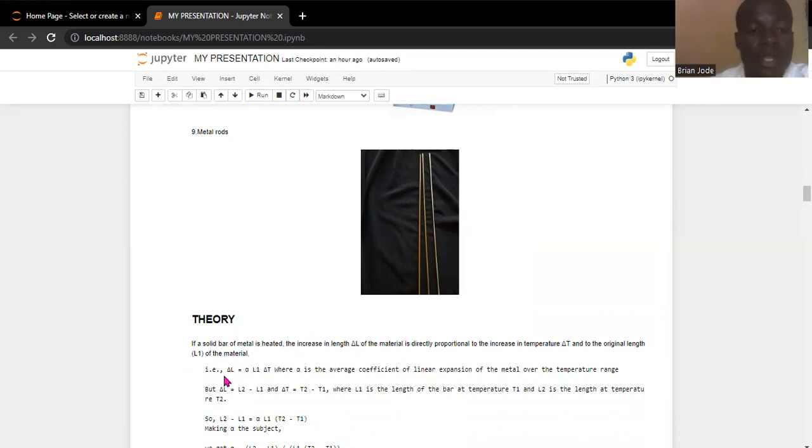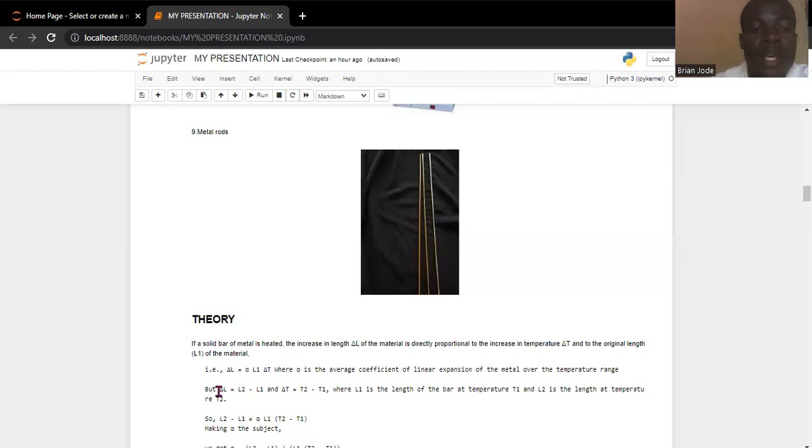Mathematically, this can be written as delta L equals the coefficient of linear expansion, alpha, times the initial length of the material multiplied by the change in temperature, delta T, where alpha is the average coefficient of linear expansion of the metal over the temperature range.